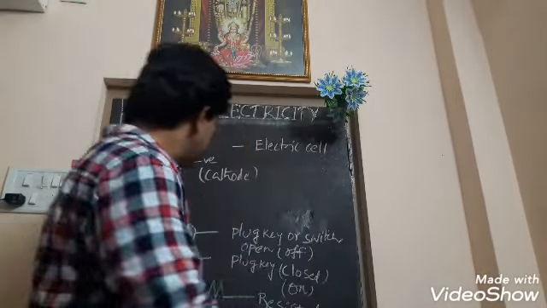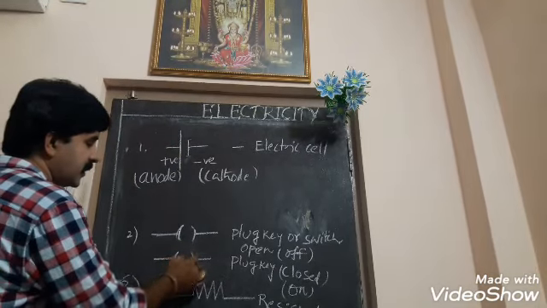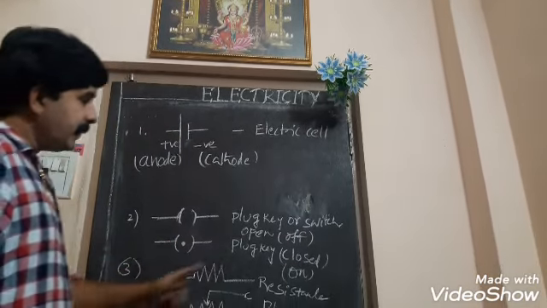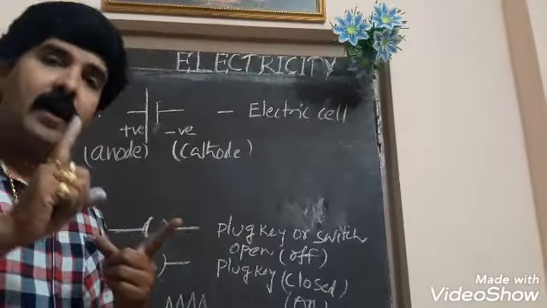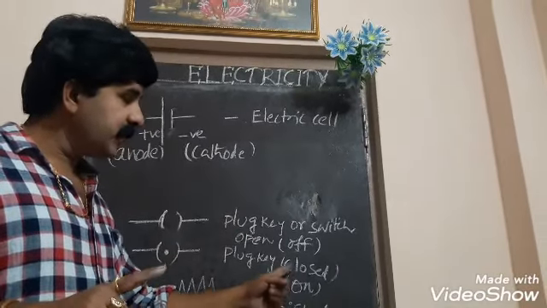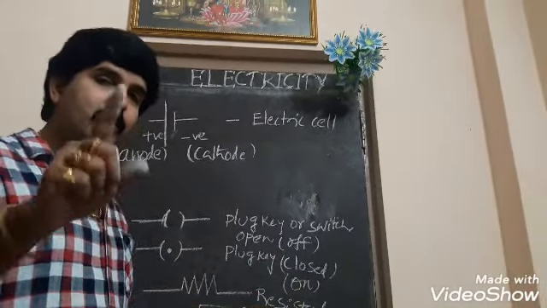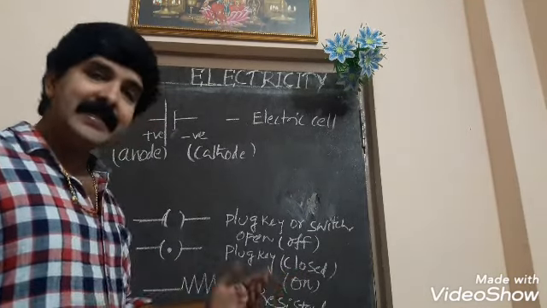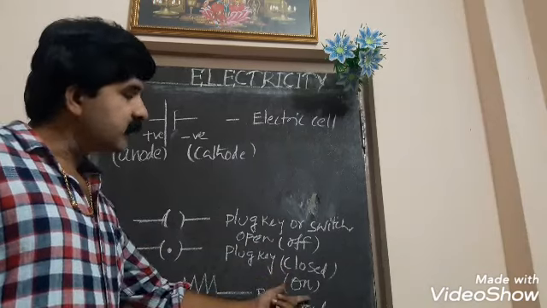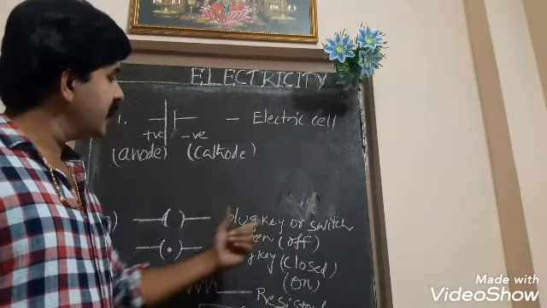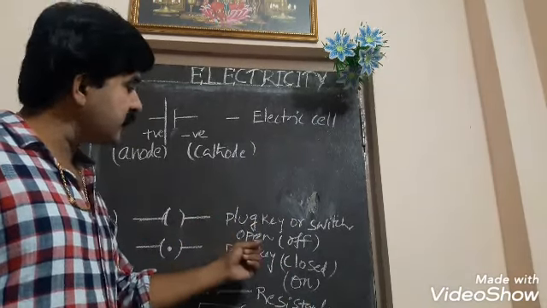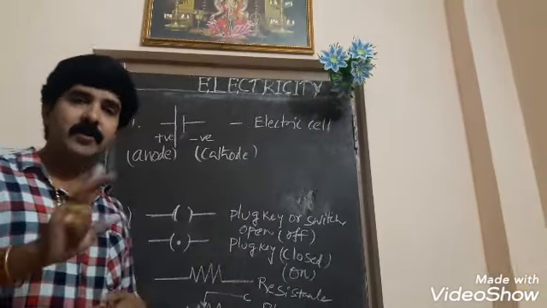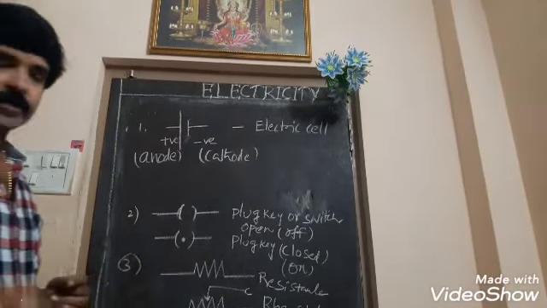Just mind one thing: the plug key is closed means the circuit is closed and the switch is in on position. Plug key open means the circuit is open and the switch is in off position. Don't get confused.